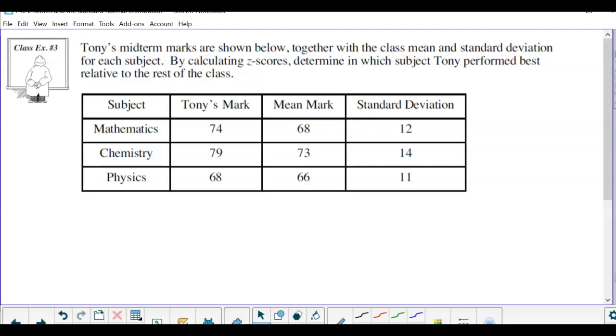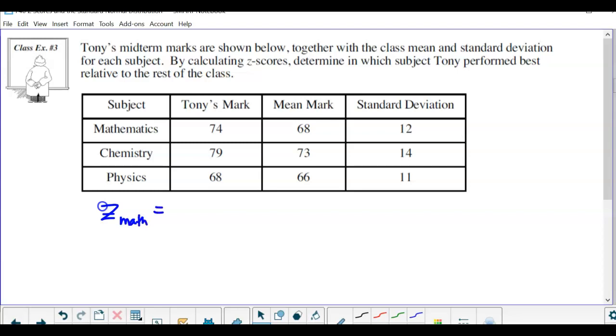First of all, are we looking for a negative z-score? No. So then we're looking for positive. Do we want a big positive or a little positive? Big positive. You want that to be far above. So we're going to calculate the z-score for math.